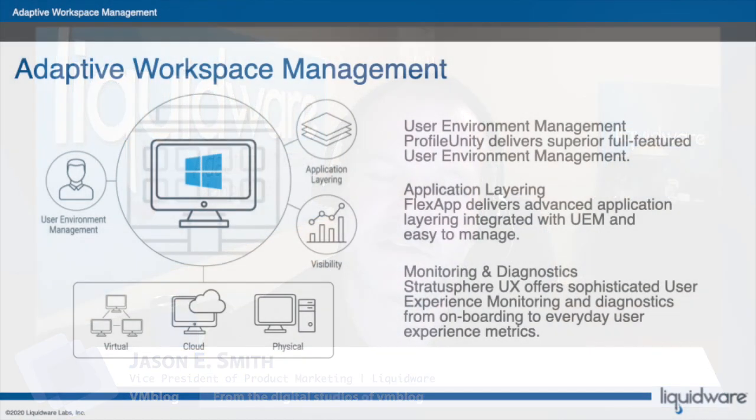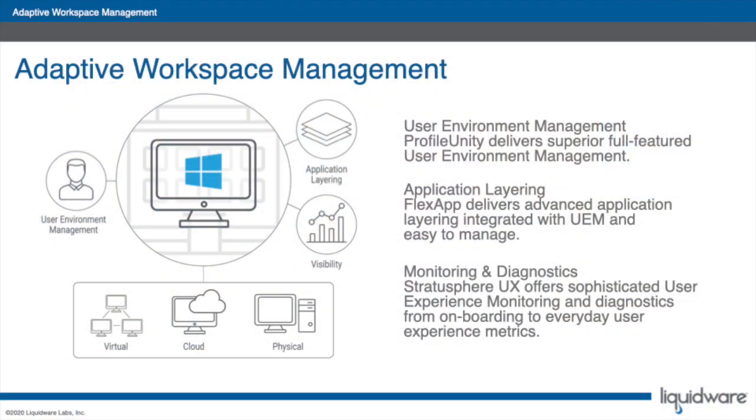And a solution set that works along with that is our application layering known as FlexApp. Instead of installing applications to the base image, we are able to package them up very quickly and put them on a VHD or VMDK. It's very intuitive through our FlexApp packaging console. You'll get a glimpse of that today as I'll show some updates and some feature sets that we have built out for that.